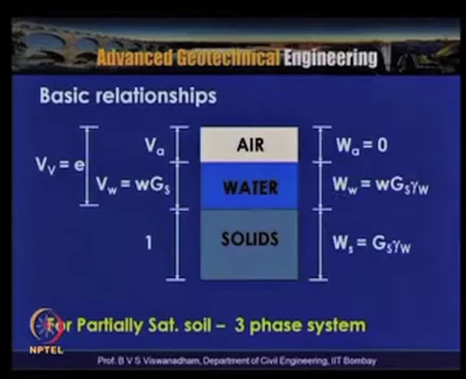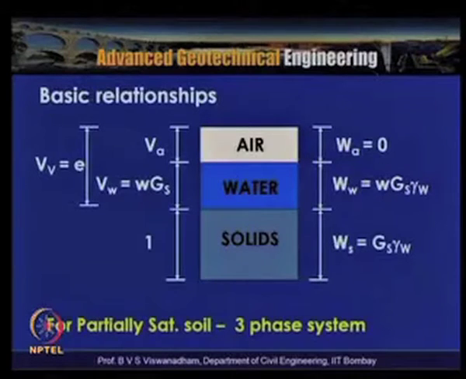Similarly, now we have seen the dry state of the soil and the saturated state of the soil. But if you have a partially saturated soil, we define this as a 3-phase system. So, in this case, you have weight of water, weight of solids and weight of air, which is nothing but 0.